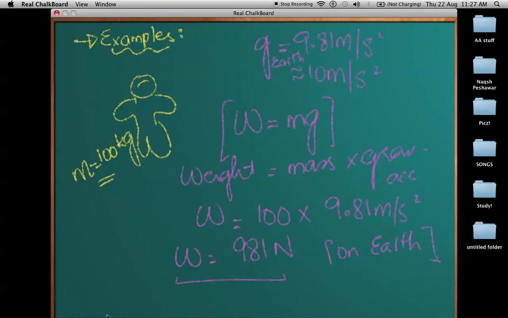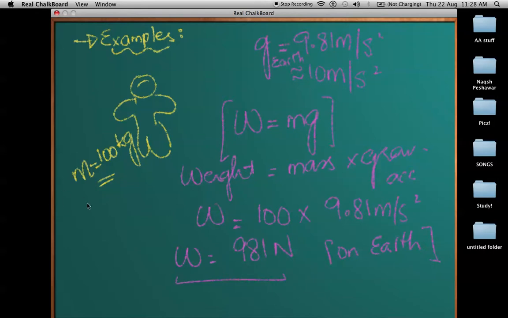Now let's see the second part of this question. The second part says, what does an astronaut of mass 100 kilograms weigh on the moon, where the gravitational field strength is 1.6 newtons per kilogram, or the acceleration is 1.6 meters per second square.